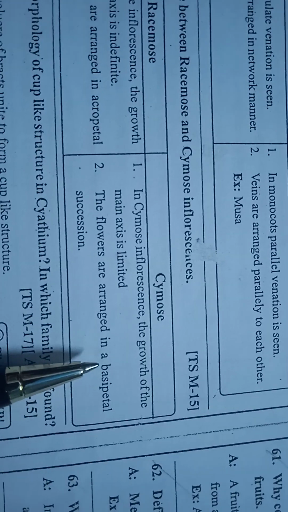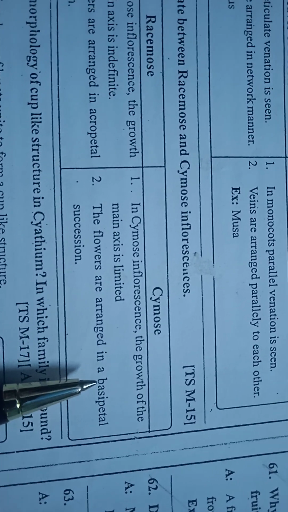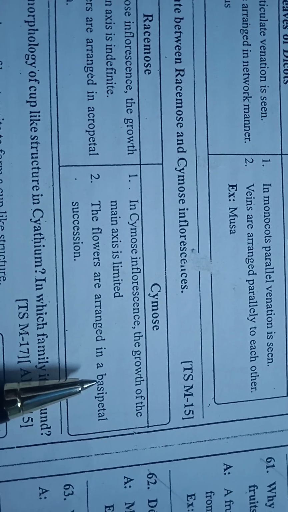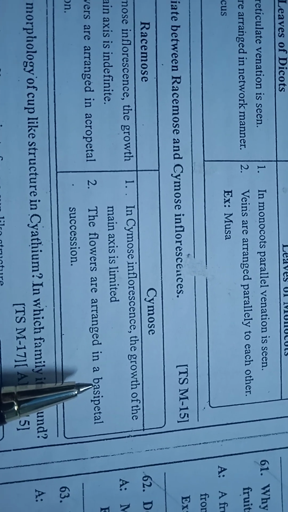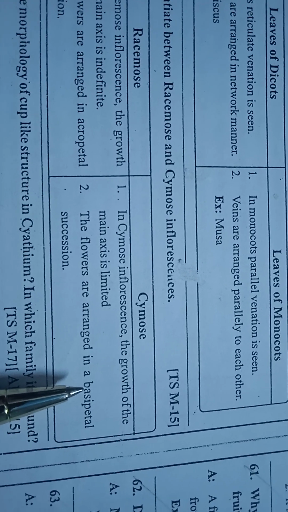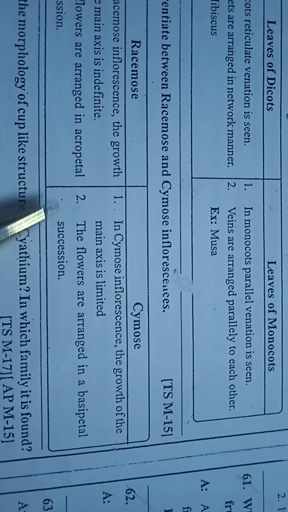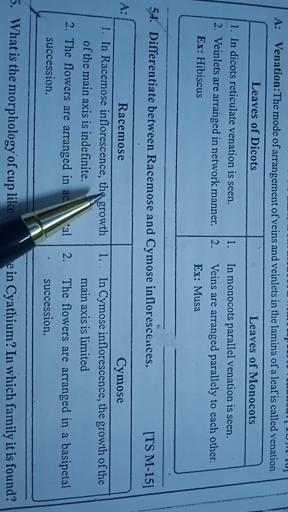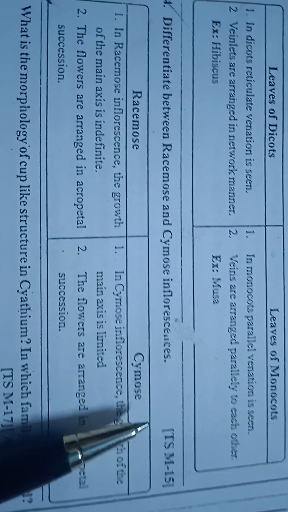They are opposite to each other. This is the difference between racemose and cymose inflorescence.